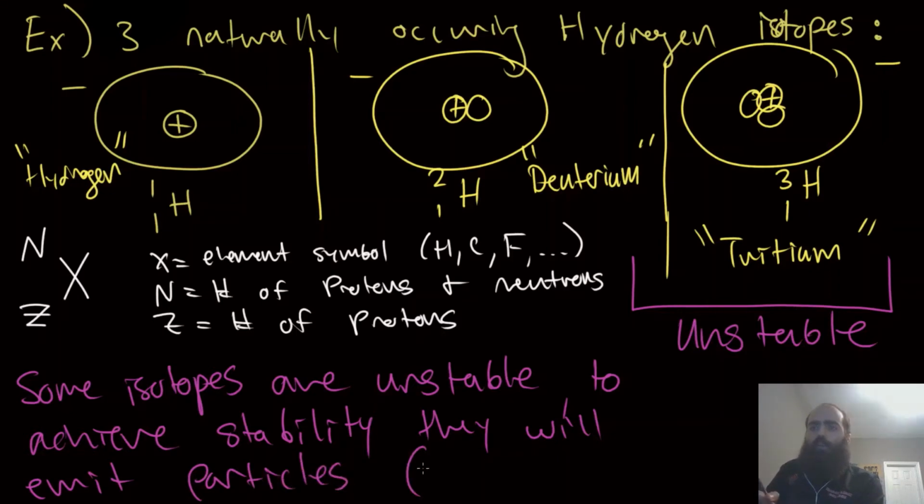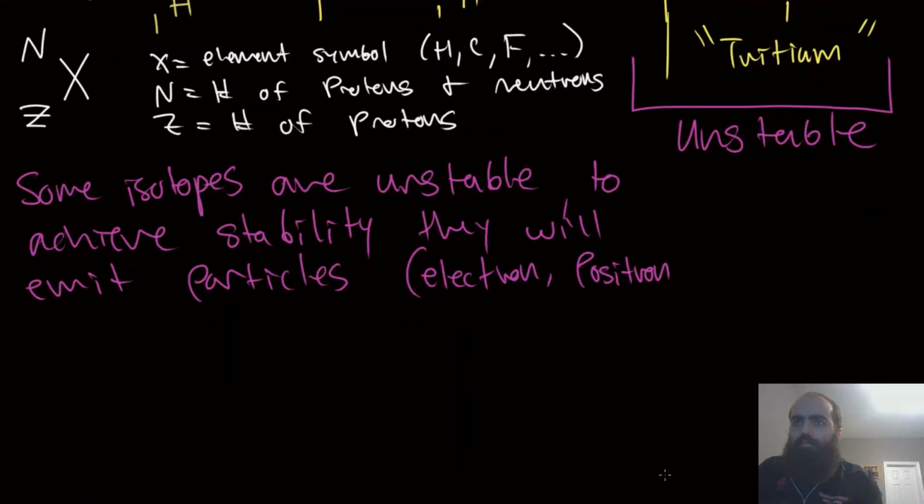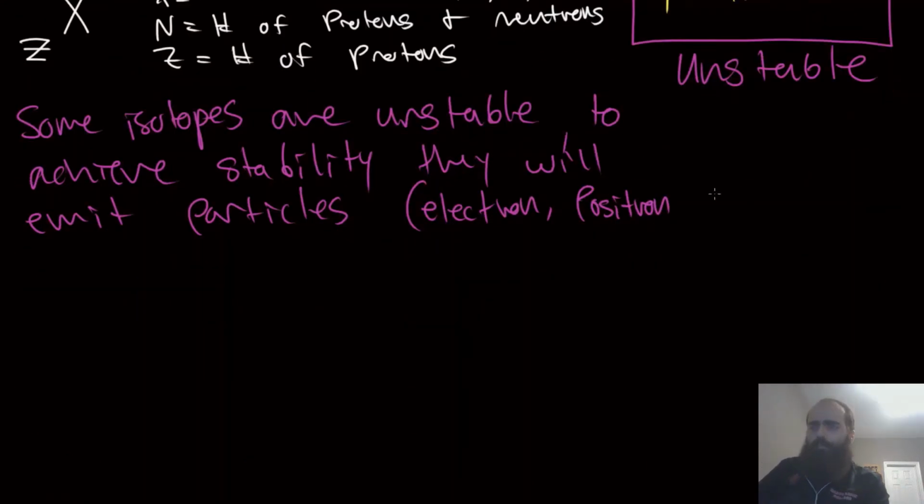And those particles, depending on what the isotope is, the particle that they emit can be different. They could be emitting an electron, they could be emitting a positron, they could be emitting a helium nuclei, or they could be emitting electromagnetic radiation.